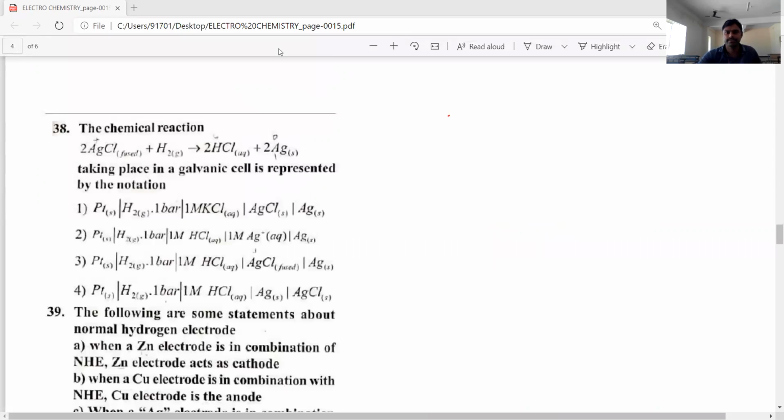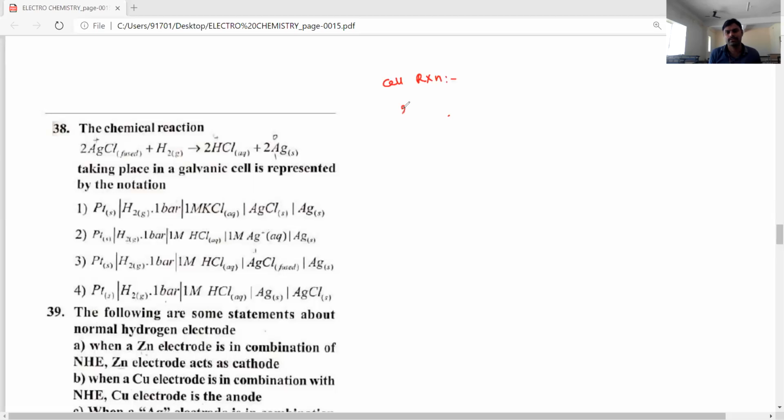38. What is the correct representation of this electrochemical cell reaction? They gave the cell reaction; we need to write the cell representation. 2AgCl plus H2 is converted into 2HCl plus 2 moles of Ag.